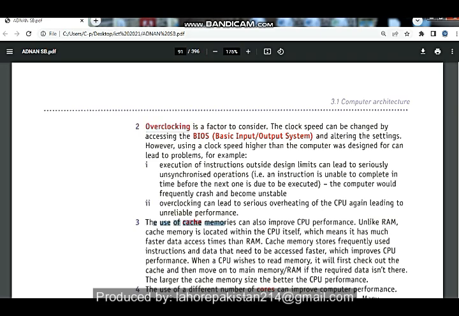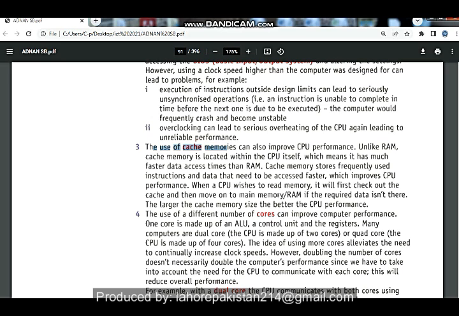Third point is the use of cache memories. Yes, you can increase cache memories. Cache memory means that inside your CPU there is some part of memory which stores important information related to you, like your credit card numbers, your passwords, your personal information.